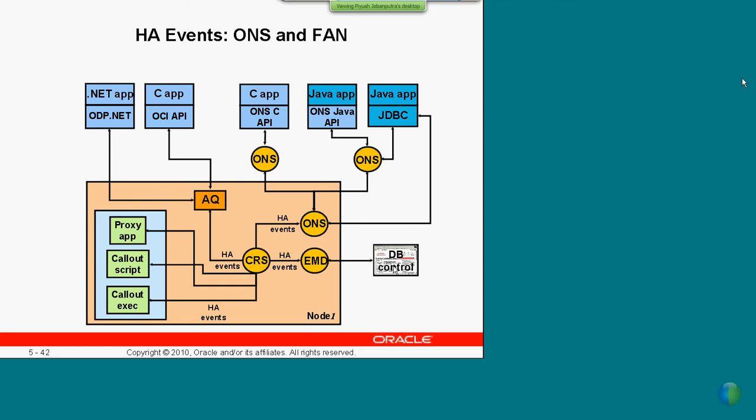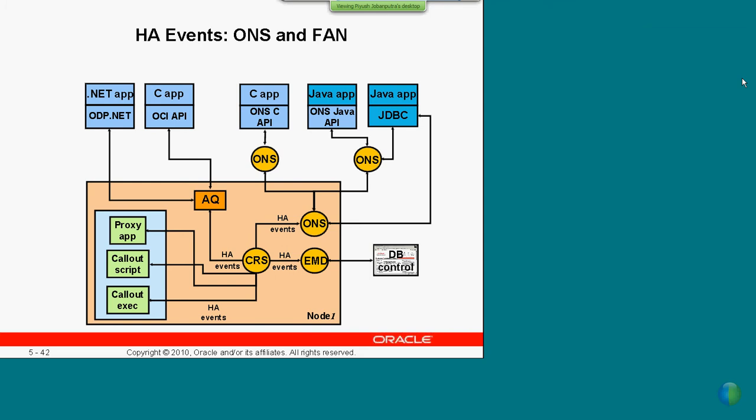This is nothing but a bridge between all these applications, providing the interface for HA events, so that they can detect the change in the events and react accordingly. So that's the role of ONS and FAN.